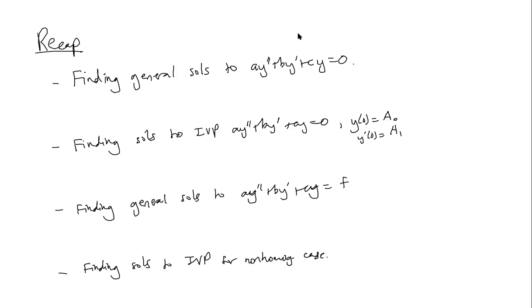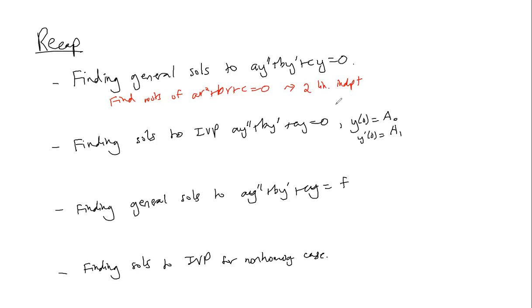Okay, so just to recap, right? So the first one, finding general solutions to the homogeneous case, you find roots of ar squared plus br plus c equals 0. And then depending on what the roots are, you get two linearly independent solutions.